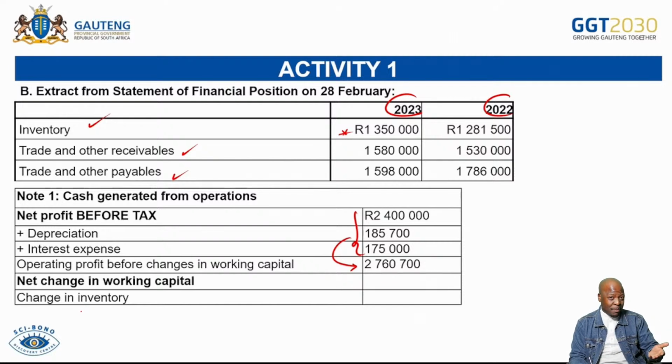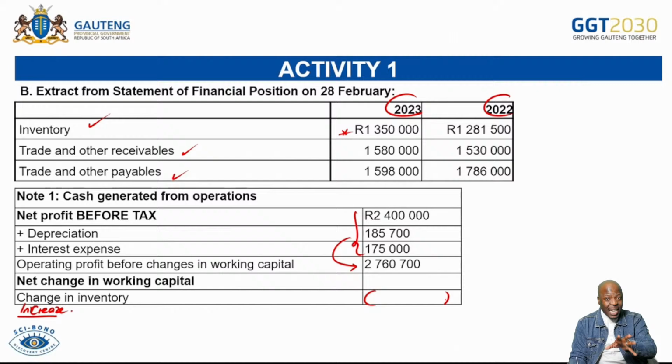In other exam papers, the examiner would give a dash here and they want you to tell them, is it an increase or a decrease? So if I'm tested in that way, I'll say here it is an increase in inventory. And I know once it is an increase in inventory, I have my brackets here already waiting.